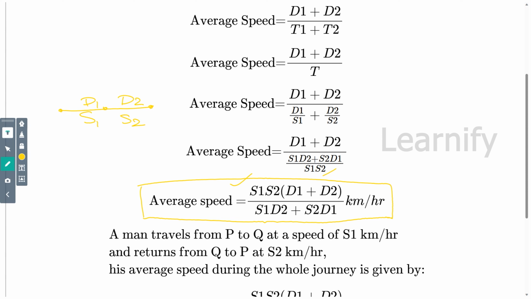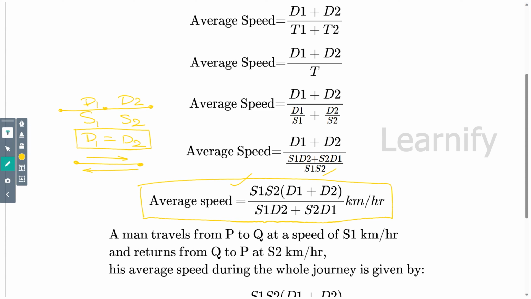Suppose the distances are equal, d1 is equal to d2. Next scenario, we will find the formula if d1 equals d2. Another scenario: a person starts and travels a distance in one direction and returns the same way.